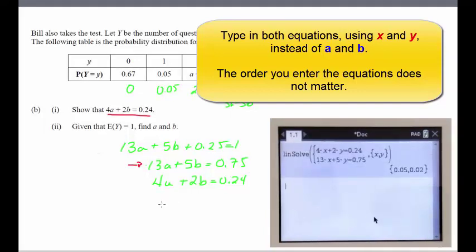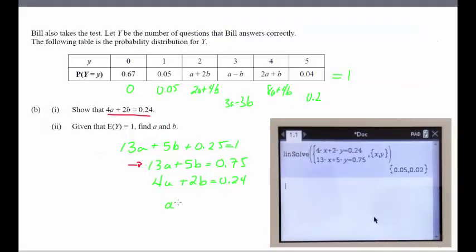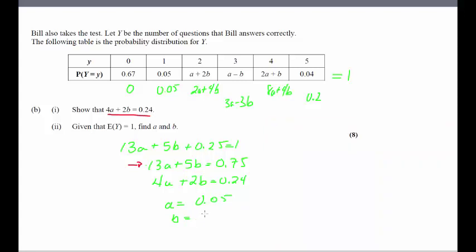Now that we've worked through, we find out that a is equal to 0.05 and b is equal to 0.02. And so there are your answers for a and b.